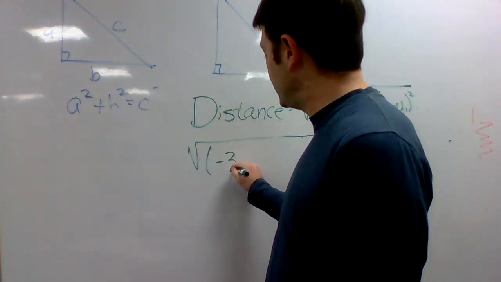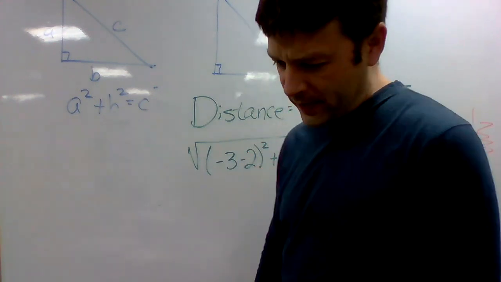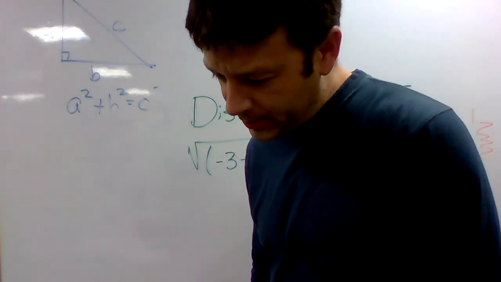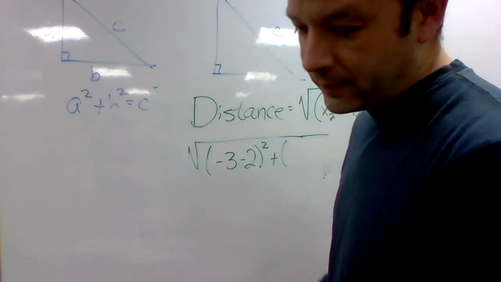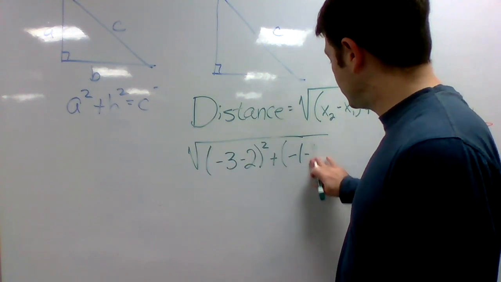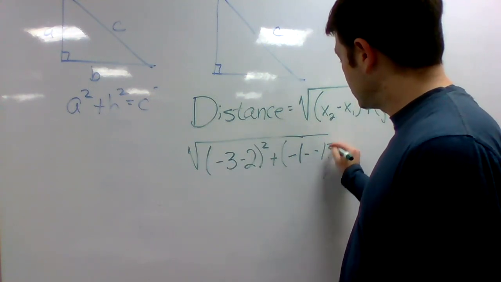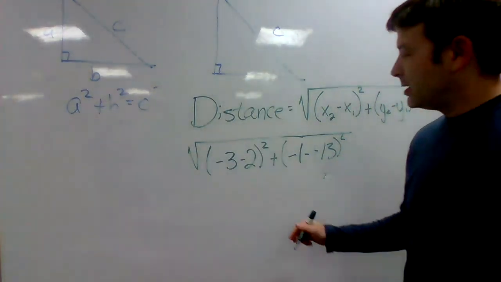So -3 minus 2 squared. Y values are going to go in back. What's it say? -1 minus -13. Don't use parentheses again.